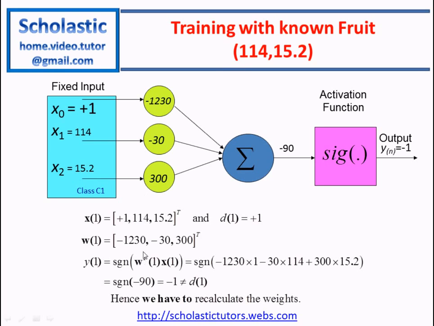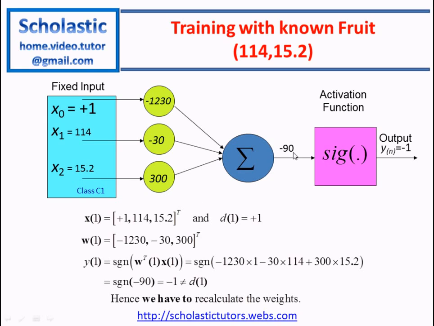Now when you calculate using this input vector, which is a known fruit, bear in mind that what we are doing is training the neural network. To train the neural network, you send this through the weight vector and calculate the input of the signum function. What is coming out is negative 90. This should have been positive, because we have a fruit belonging to class C1.